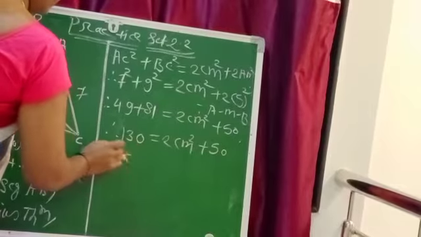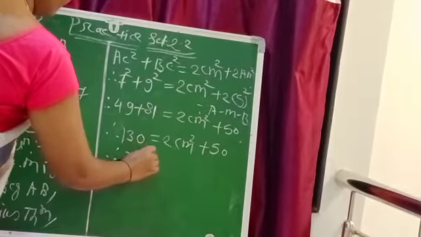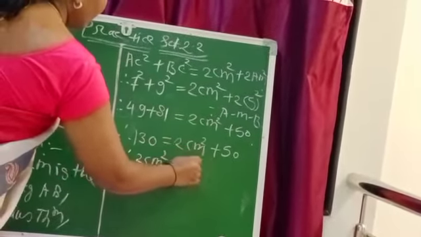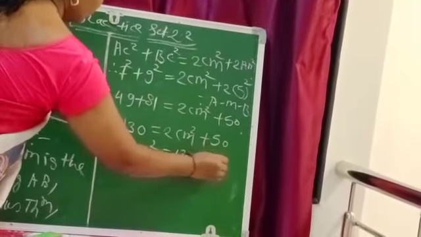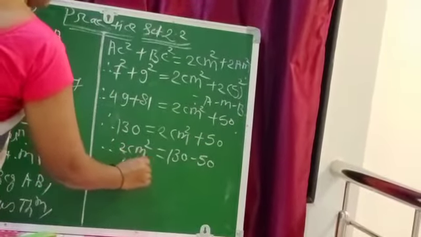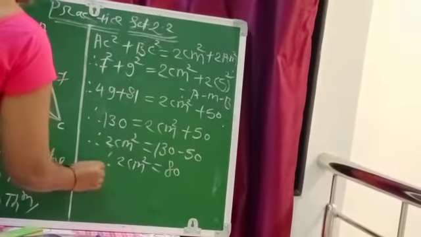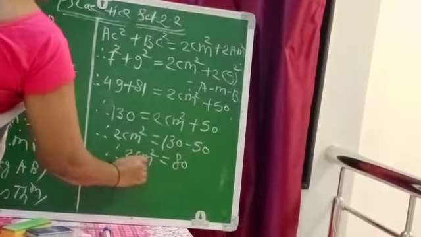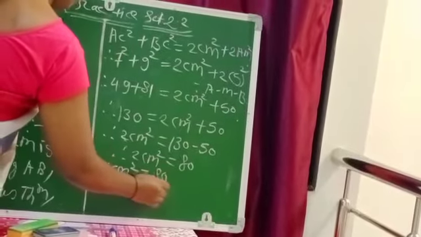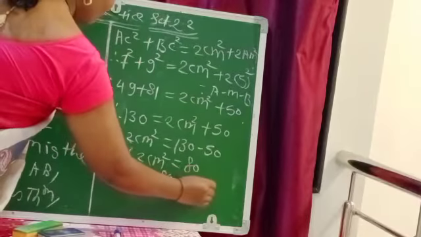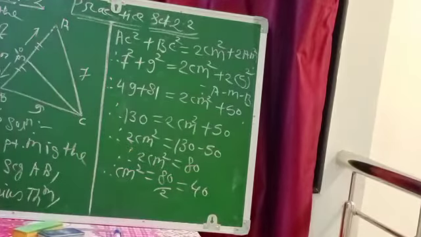Therefore, twice CM square is equal to 130 minus 50. Twice CM square is equal to 80, and therefore CM square is equal to 80 upon 2, which is 40.